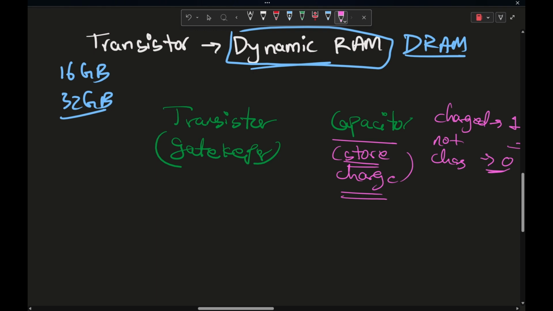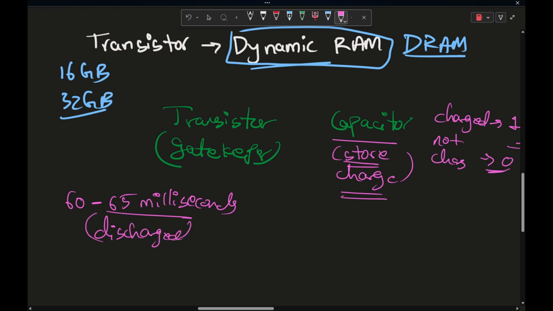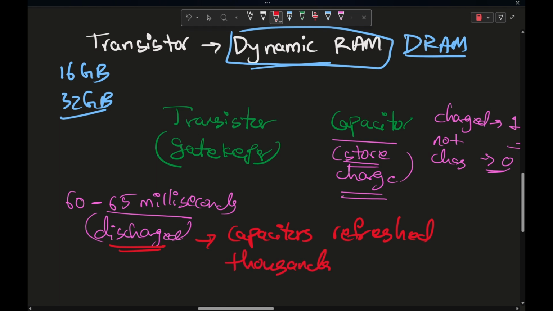But the problem is that it is a very small capacitor, so in around 60 to 65 milliseconds the capacitor gets discharged. So for this reason, to keep it from discharging, all those capacitors are charged or refreshed thousands of times to retain memory.